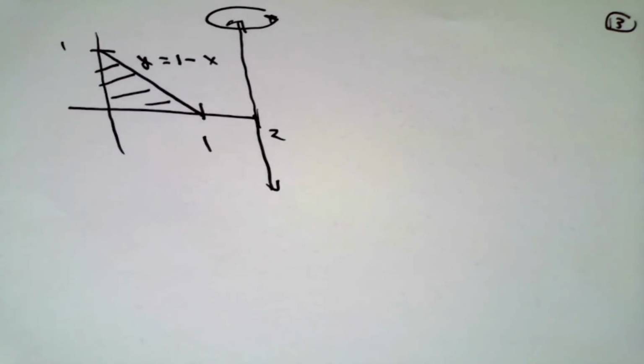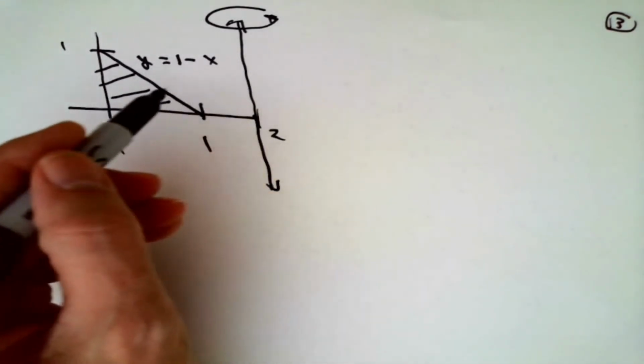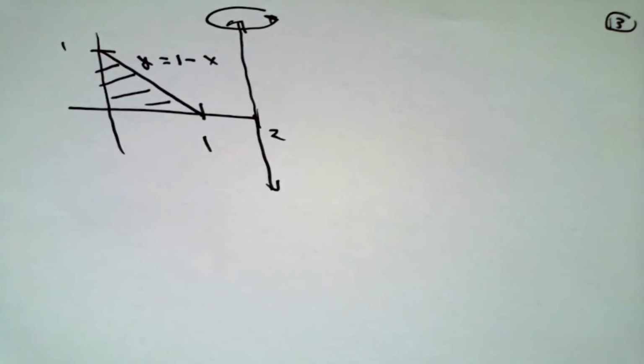This graph has some interesting pieces to it. Most notably, if I tell you a y-coordinate, the furthest away from the axis of rotation that I can get within my region is always going to be on the y-axis. It's always going to be x equals 0. But the closest that I can get to the axis of rotation is not so simple.